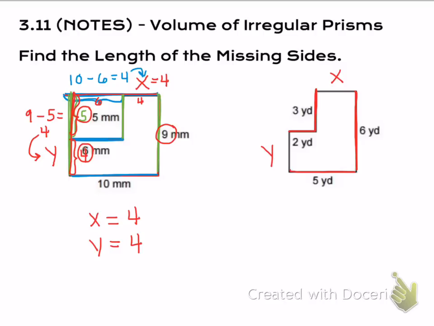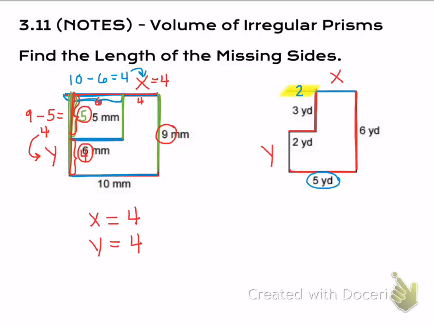So I would like you to pause the video right now and try and figure out what X is. Okay, welcome back. So let's look at X. We knew that all the way across was 5 yards. And we knew that this piece right here was 2 yards.